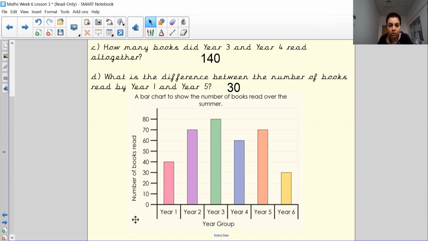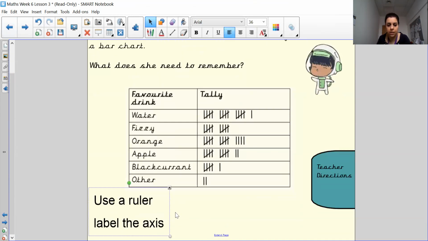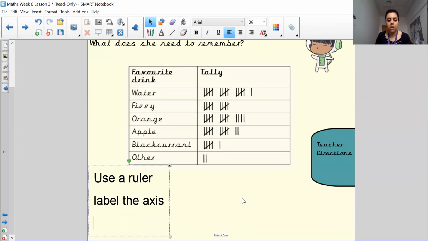So I've chosen my scales really carefully. So the scale that you're choosing to count in, whether it's in 5s or 10s or 2s or 100s, if your number is really large, is carefully chosen. So I'm going to write on her list, sensible scale chosen.